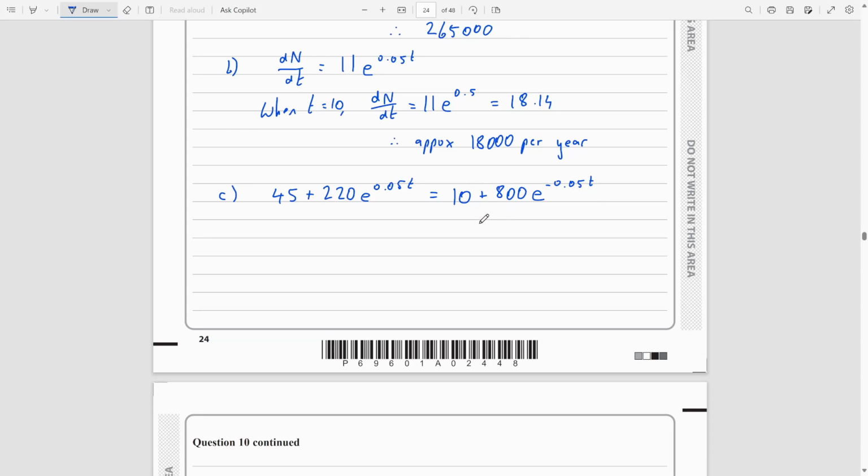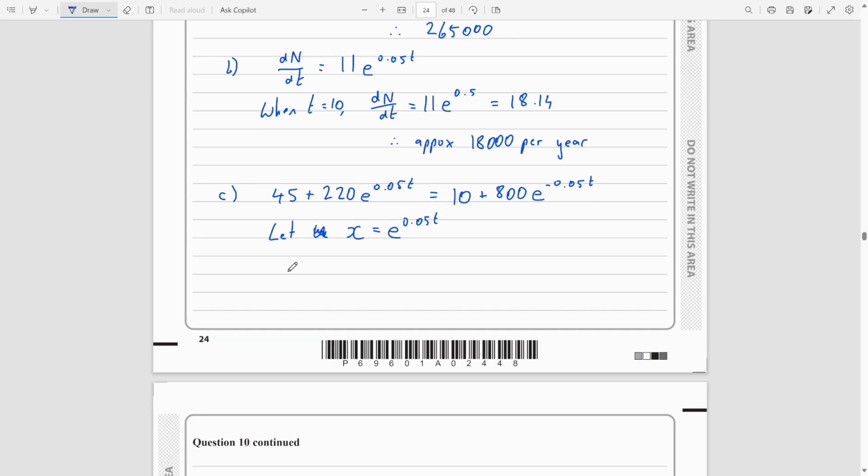This is a good time to use a substitution. Now the substitution that's going to be best is just to set this thing equal to u. You're actually going to end up with a quadratic when you do that. Let me show you. So let u, or x, let's just use x, we haven't used x in this equation, x equal e to the 0.05t.